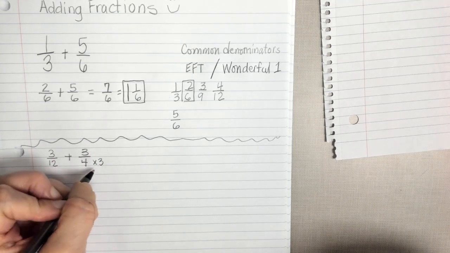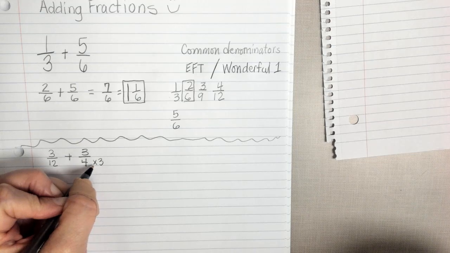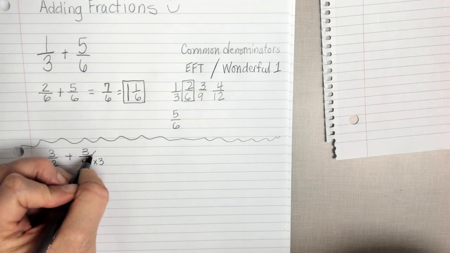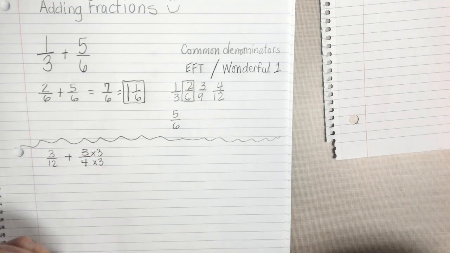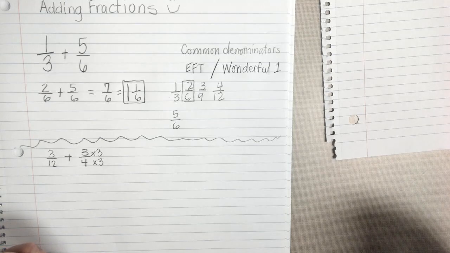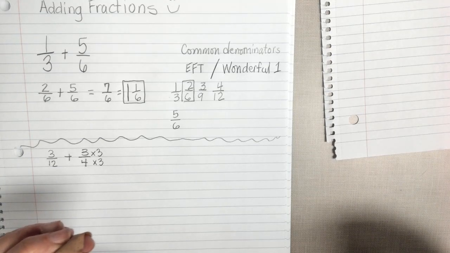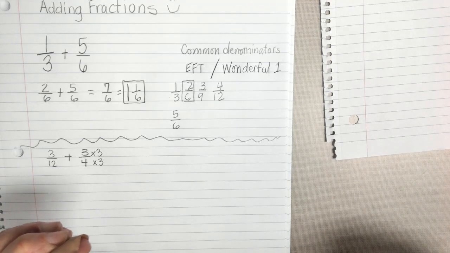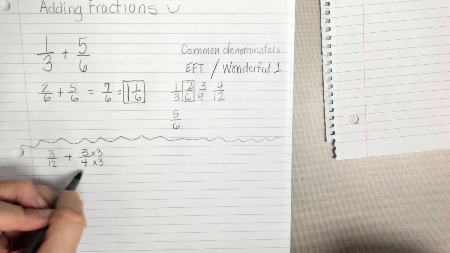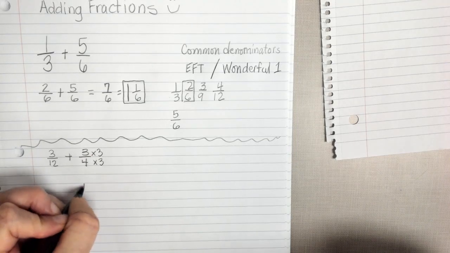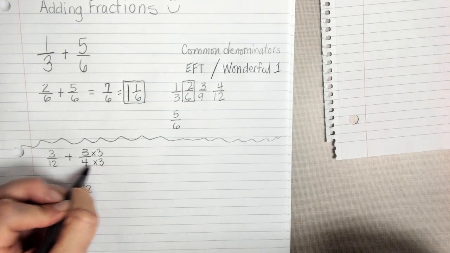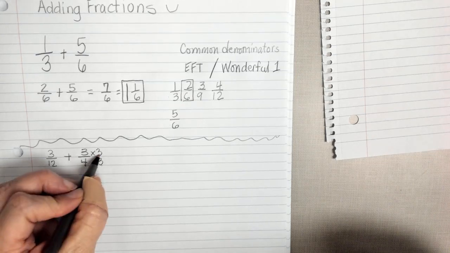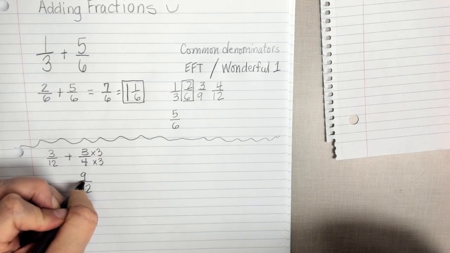3. And whatever number I multiply by on the bottom is the same number I have to multiply by on the top. Remember, renaming happens with the denominator and the numerator. So now I'm going to write a new fraction right underneath. I'm going to write 12 because 3 times 4 is 12 and 3 times 3 is 9.